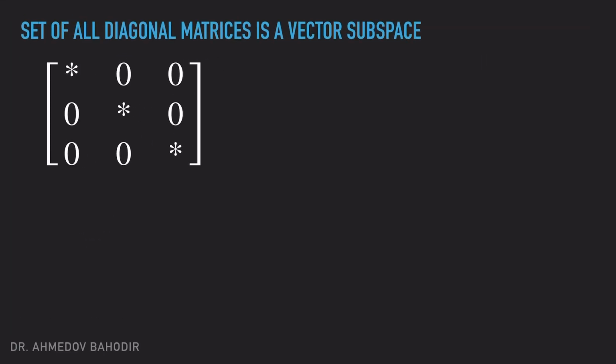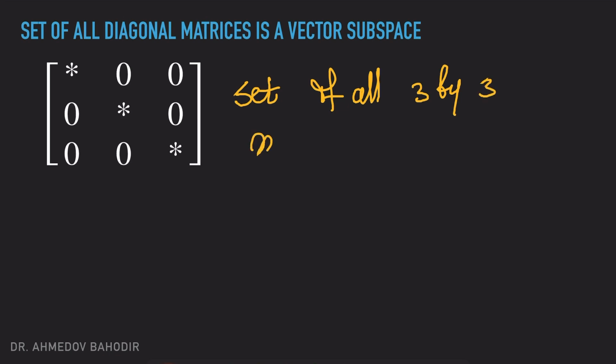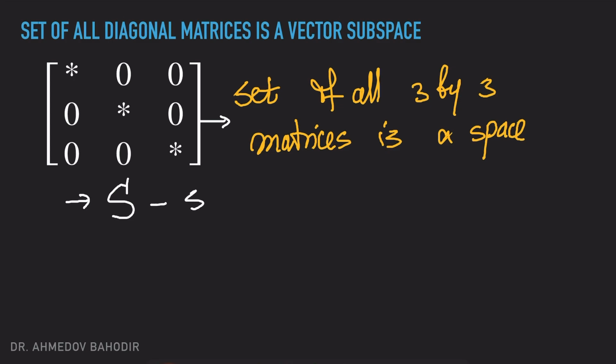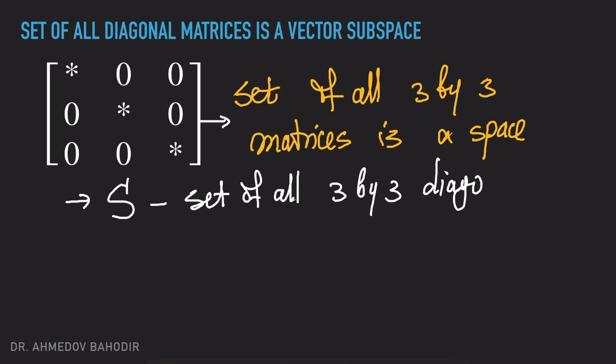I'm going to define this again: the set of all 3 by 3 matrices is a space. I would like to choose some piece of the space. So let's say I'm going to choose only diagonal matrices. I'm going to define the subspace as the set of all 3 by 3 diagonal matrices.